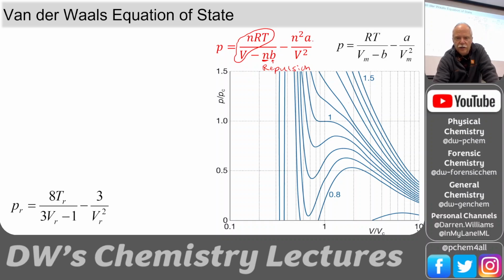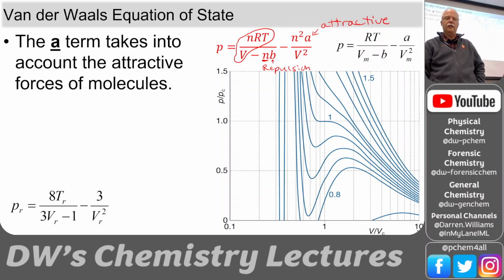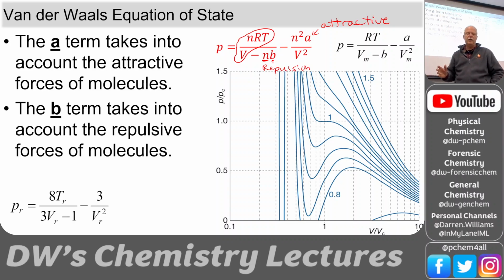And that's a function of the number of moles squared and the volume squared. This is the attractive term. So this is just van der Waals' way of adjusting the pressure in the room to account for repulsions and attractions. The A term takes into account attractive forces of the molecule, and the B term takes into account the repulsive forces in the molecule.